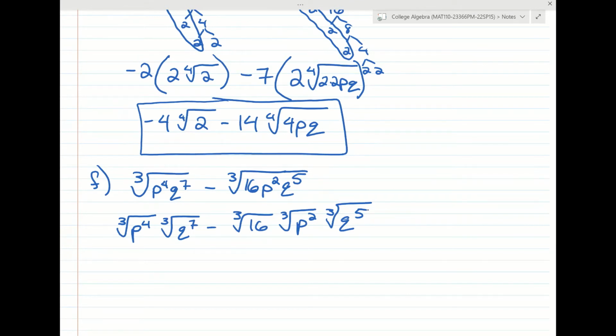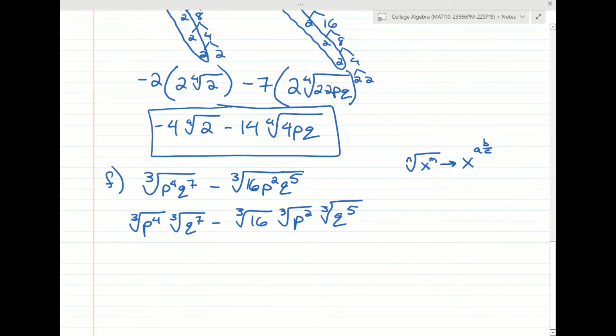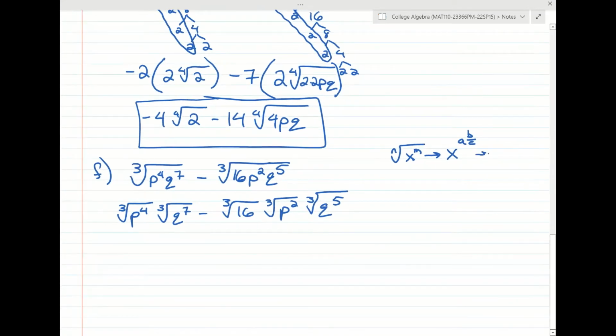If you remember, we talked about two different ways to simplify variables. One thing we talked about doing is if you have the nth root of x to the m, you could simplify that to be a mixed fraction. We said that the answer would be x to the a times the c root of x to the b.